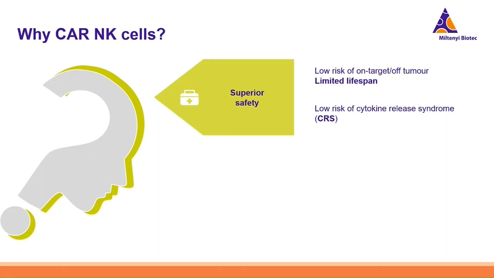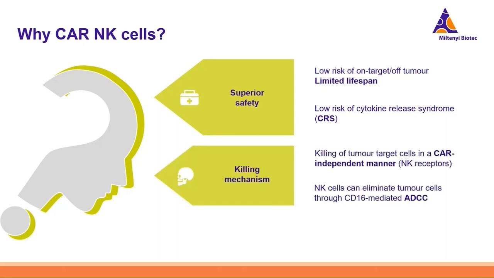Then, in addition, there is the killing mechanism. CAR-NK cells can of course induce CAR-dependent killing, but on top of that they can also kill target cells in a CAR-independent manner, as they have the natural capacity to kill tumor cells.